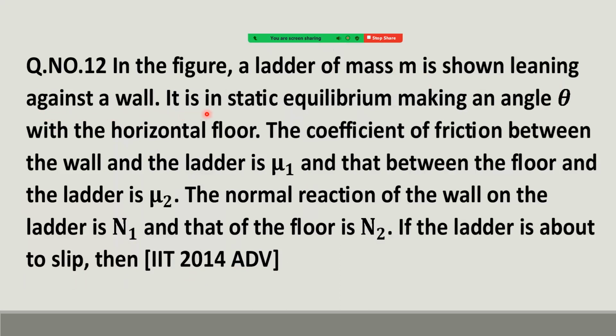It is in static equilibrium, making an angle theta with the horizontal floor. The coefficient of friction between the wall and the ladder is mu1, and that between the floor and the ladder is mu2. The normal reaction of the wall on the ladder is N1 and that of the floor is N2. If the ladder is about to slip, then see the diagram.